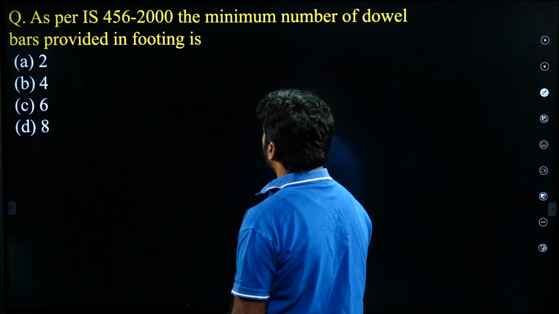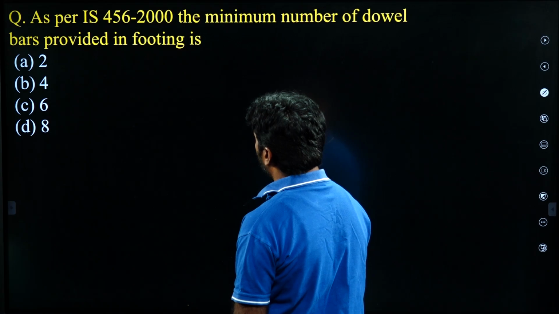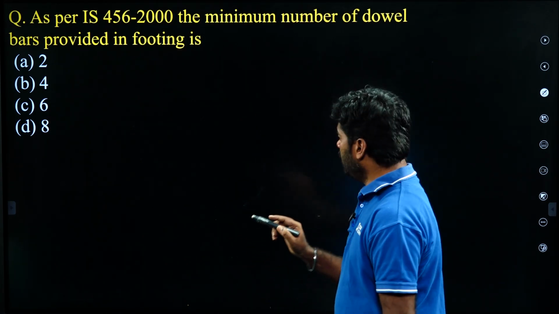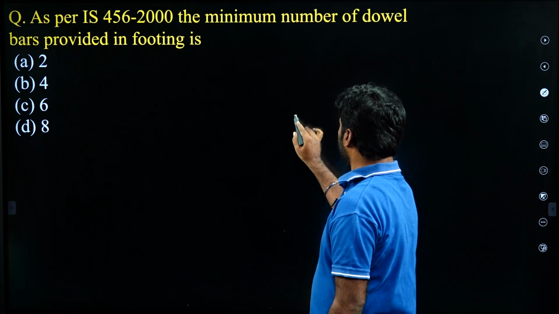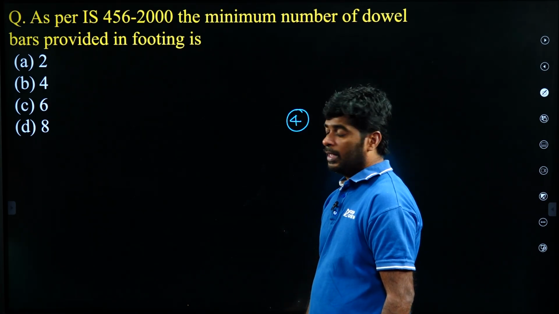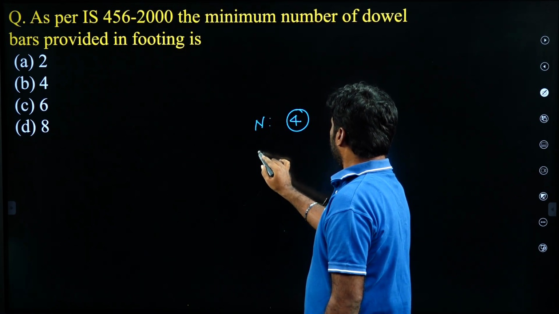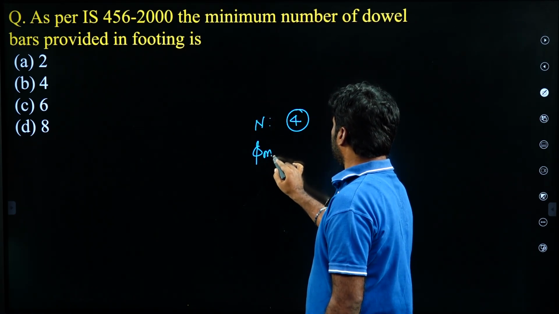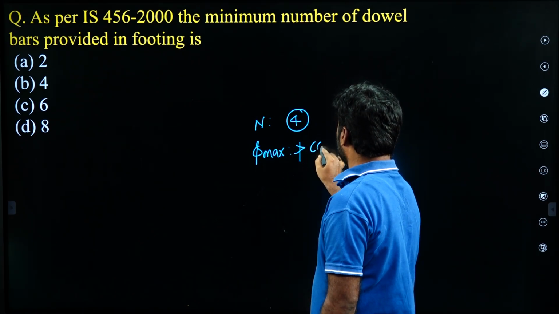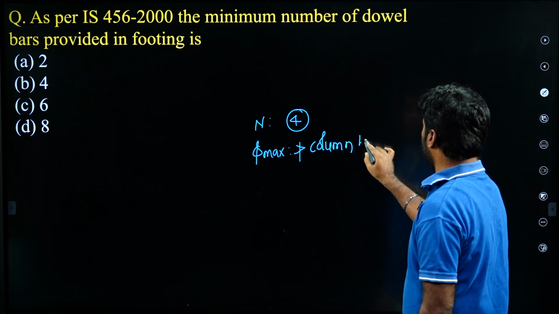As per IS 456-2000, the minimum number of dowel bars provided in footing is minimum 4. Minimum number of dowel bars you can provide 4, okay? Regarding diameter, maximum diameter of dowel bar should not be more than column bar dia plus 3 mm.